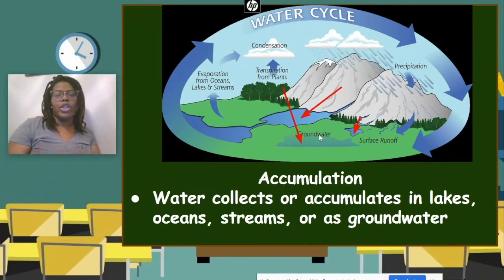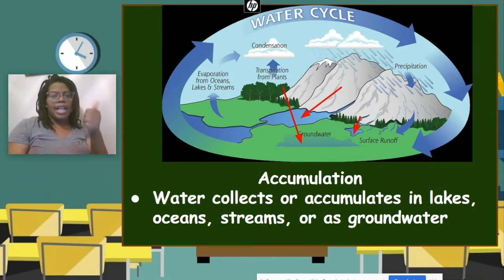When the water accumulates or collects, it can collect under the ground in groundwater, it can collect in streams and rivers, it can also collect in oceans and lakes as well. So that is all called accumulation when the water collects. So those are the five main steps of the water cycle: evaporation, transpiration, condensation, precipitation, and accumulation.